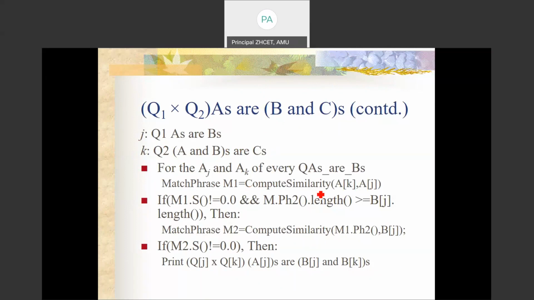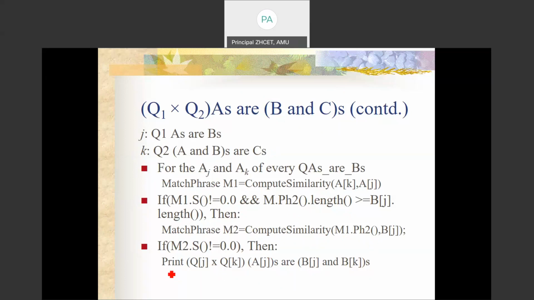So I'll have to make use of the compute similarity method, and I'll have to find out their length, and then match phrase M2 is compute similarity M1 of its first part and the second part.